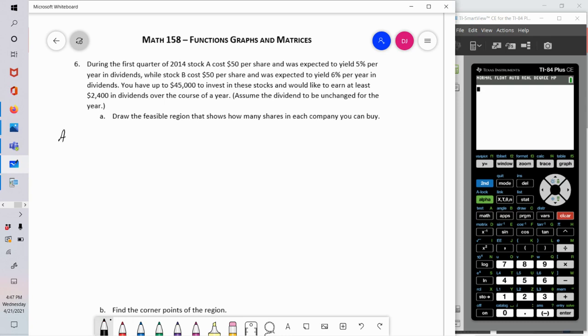We're going to buy A shares of stock A, and B shares of stock B. If I spend $50 per share for stock A and $50 per share for stock B, and I can invest up to $45,000. Notice the less than or equal to, because it's up to $45,000.